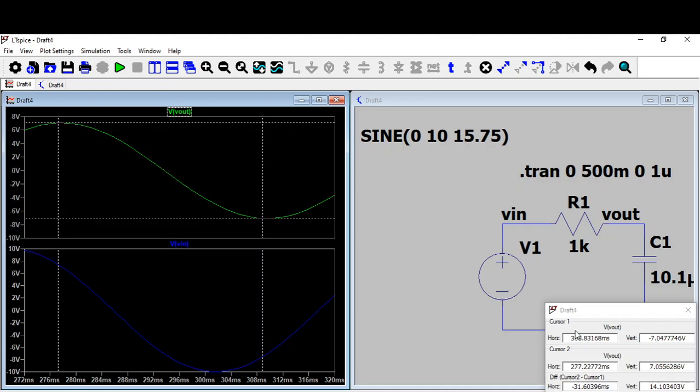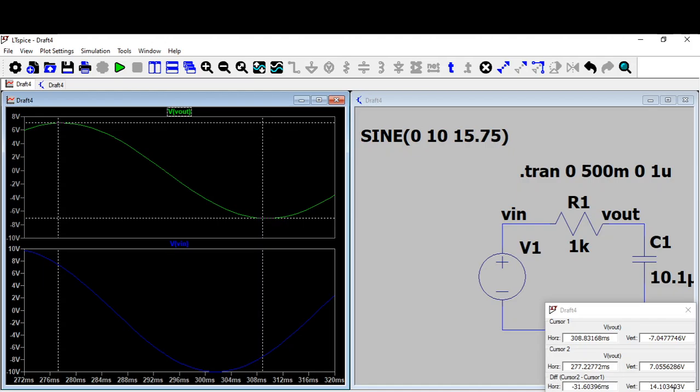Actually, how are we getting this time? 360 degrees is the full cycle, so it's actually half of this time. It is 15.75, by 2 is that much, 1 over that is 126.